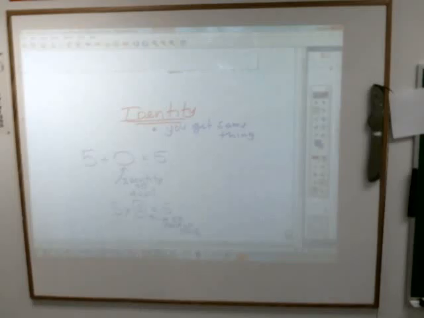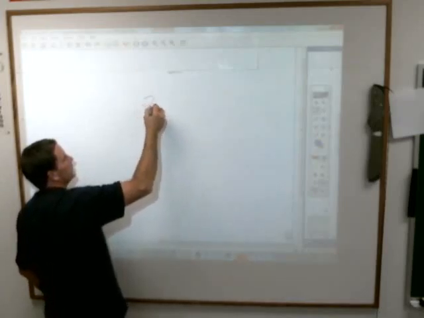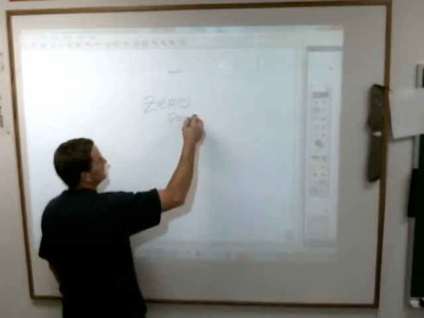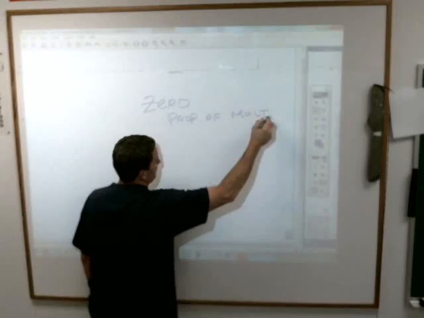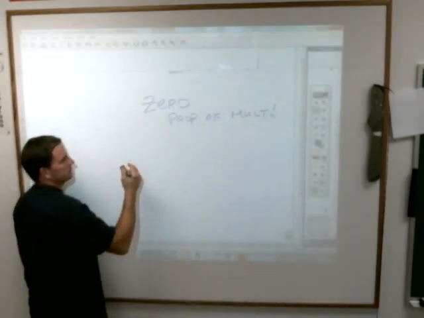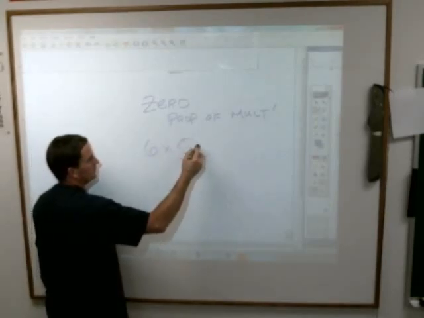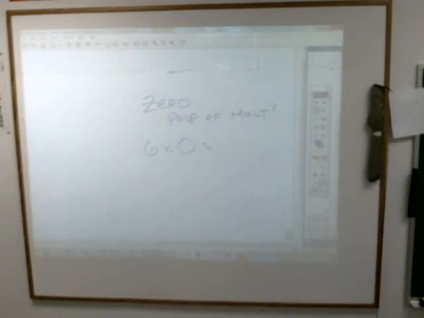And the last one is just the 0 property of multiplication. These all are properties, by the way. You can probably guess what that is. 6 times 0. What would the 0 property of multiplication just say?